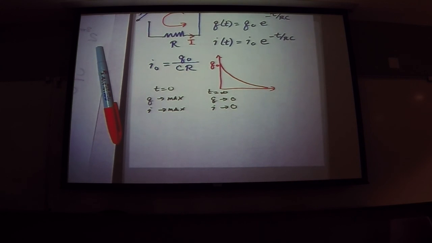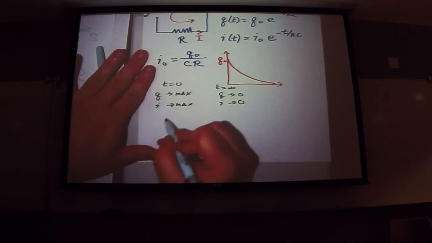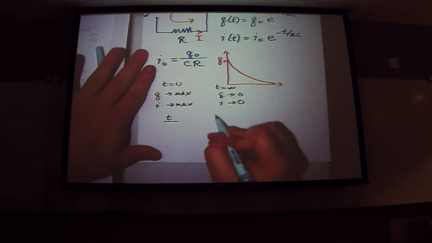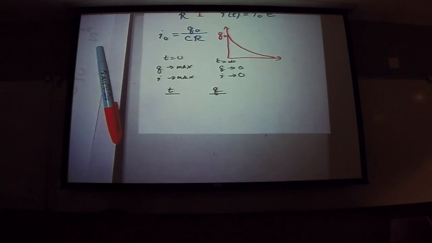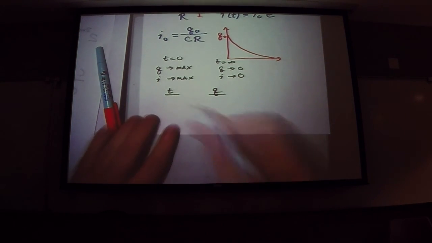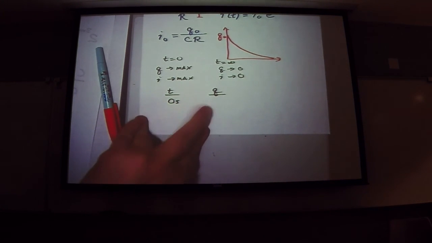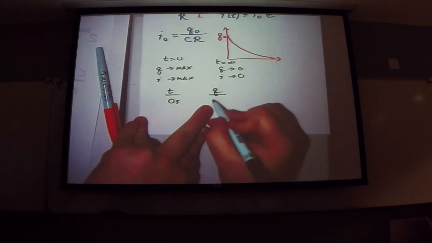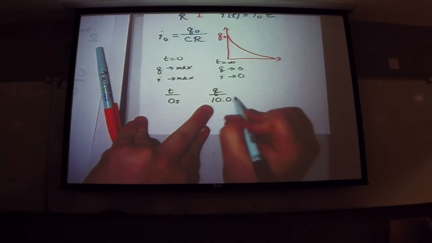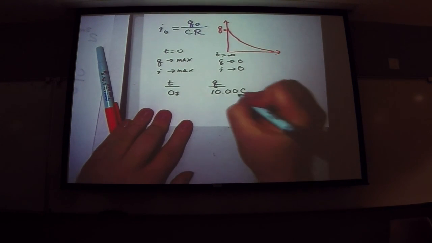Now here's a thing for you. Let's say that I start off with a discharging capacitor. At t equals 0 seconds, the charge on my capacitor is, let me be more realistic, 10 microcoulombs.